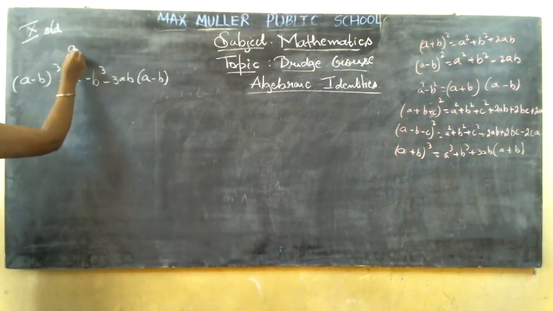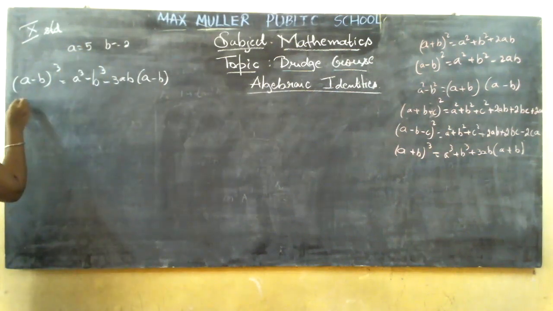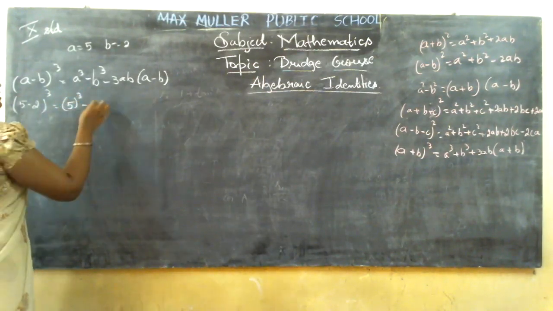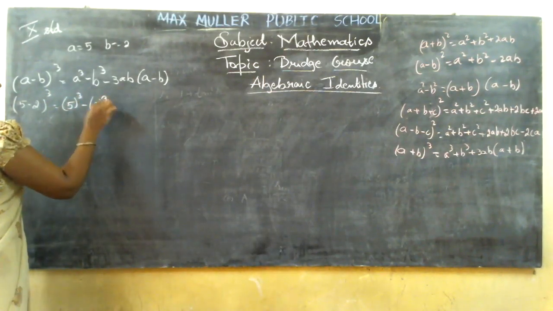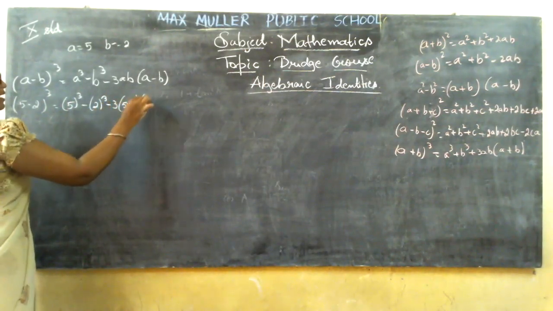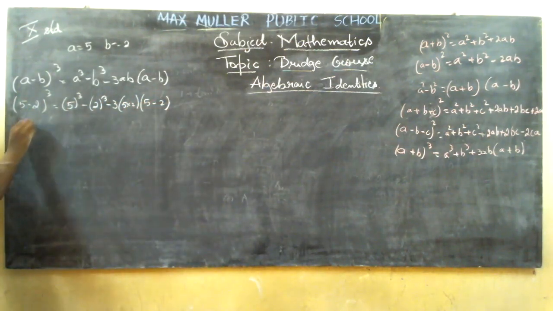So, let me take a value. a will be 5, b will be 2. So, (5 minus 2) the whole cube is equal to 5 cube minus 2 cube minus 3 into 5 into 2 into (5 minus 2). So 5 minus 2 is 3, cube.